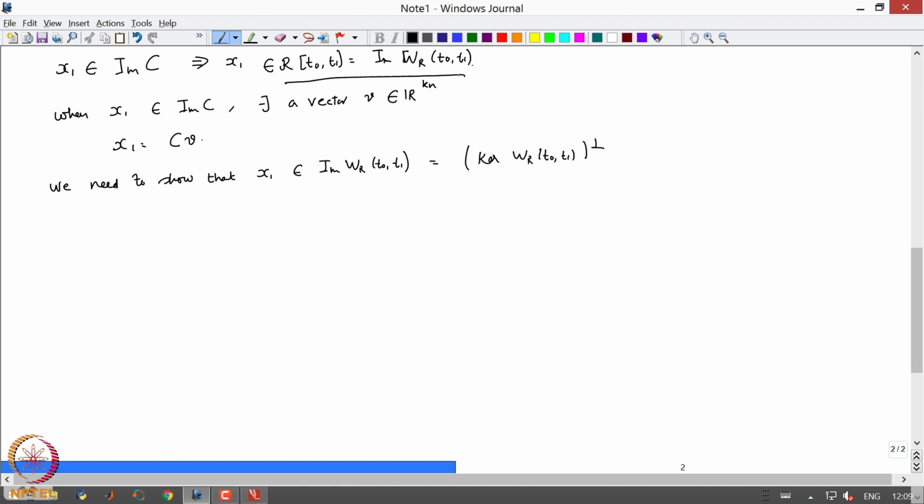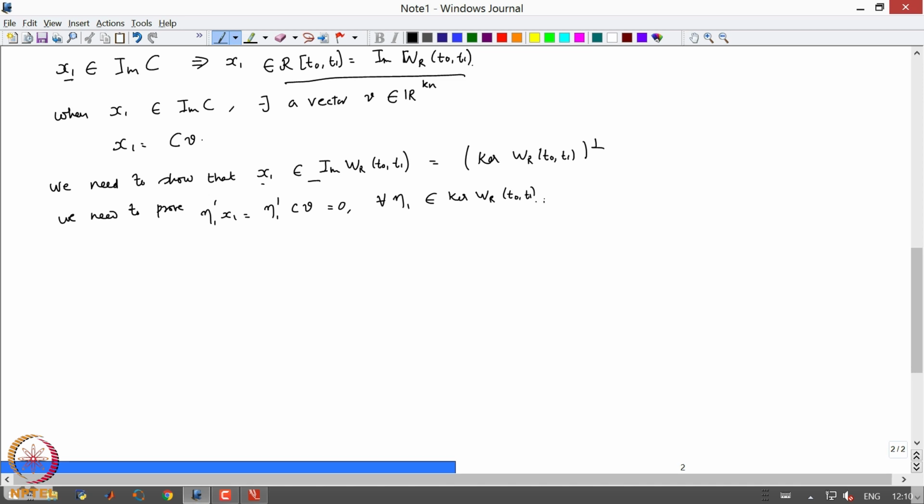So, when I say that x 1 is in the image of C and I need to show that x 1 is in the image of W R, which means we need to prove something like this: that eta 1 bar x 1, what is x 1? Eta 1 bar x 1 is C times v, equal to 0 for all eta 1 which come from the kernel of W R t 0, t 1.